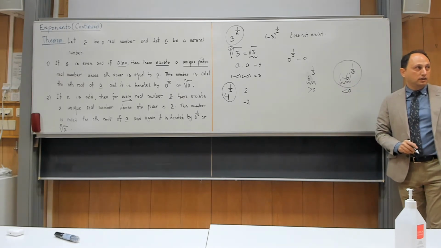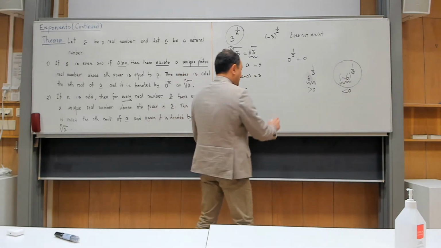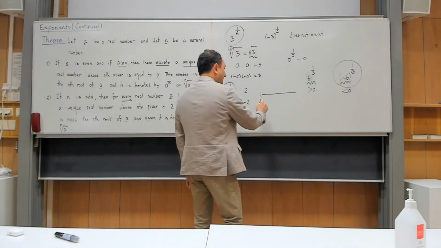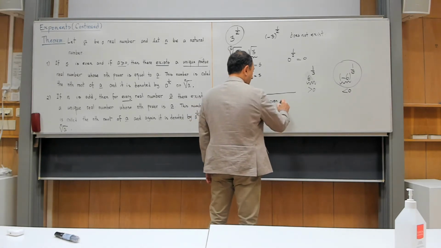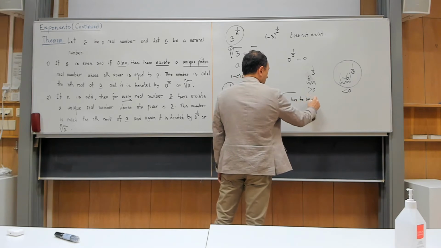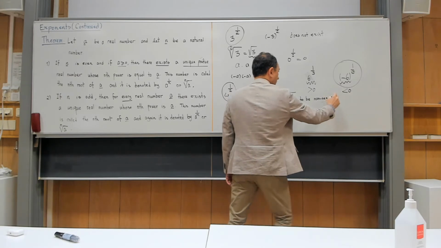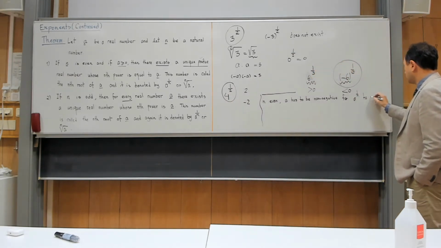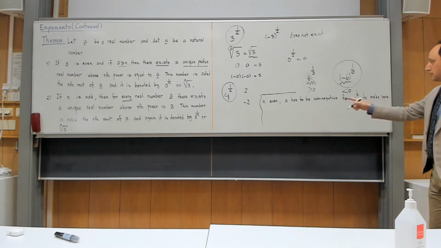Okay? This is very, very important to understand. So if I want to summarize these things, if n is even, a has to be non-negative for a to the power of 1 over n to make sense. Yes? Is that understandable?